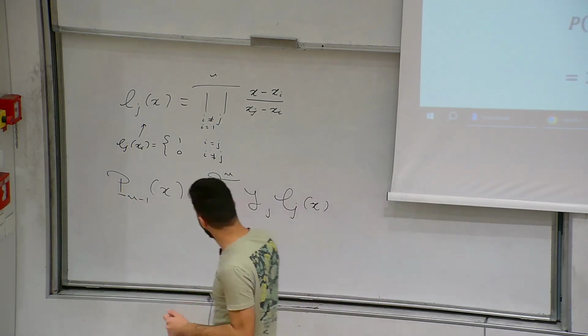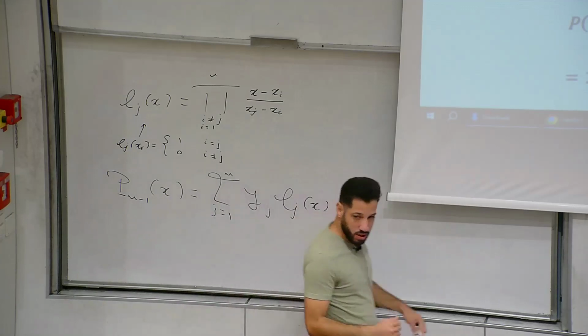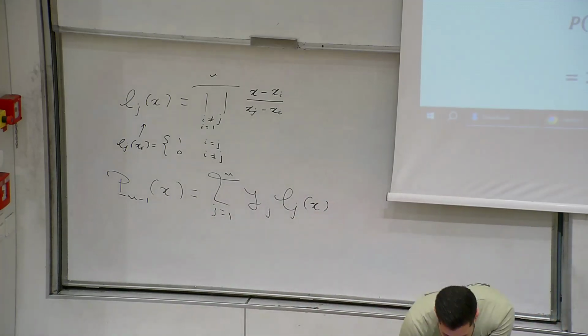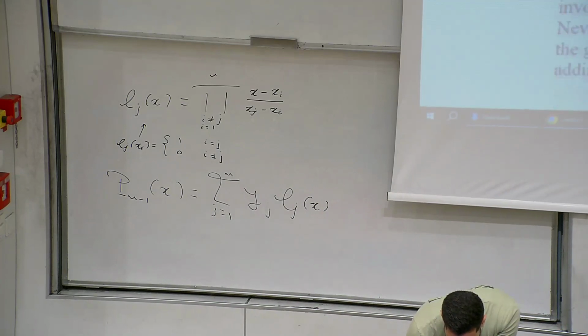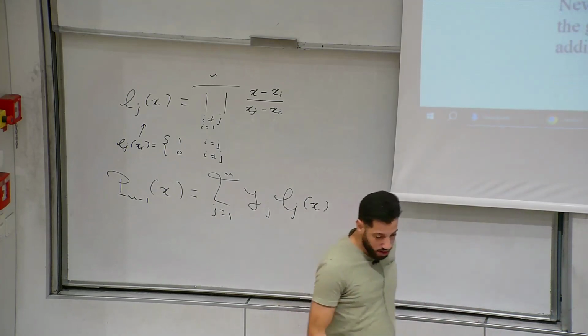So if you have the polynomial itself and you add another point, you cannot somehow improve this immediately. You have to recalculate the polynomials. We'll talk about that, but let's see an example first.